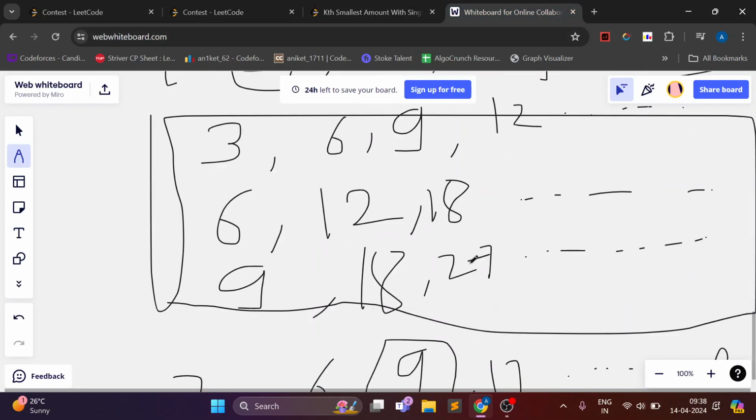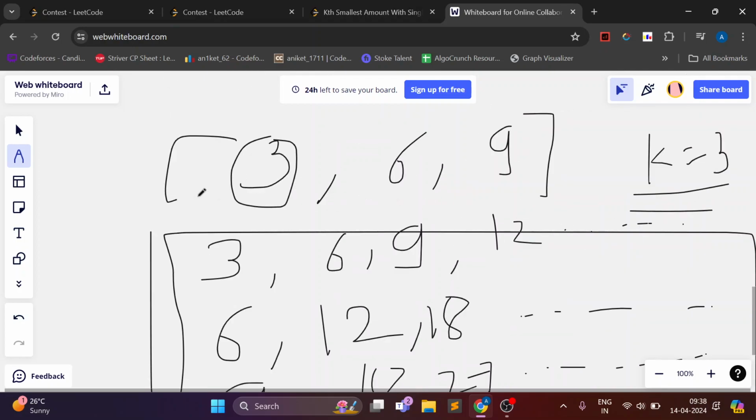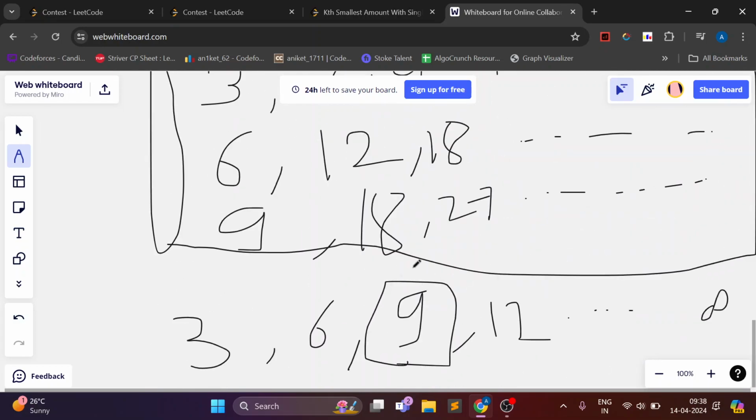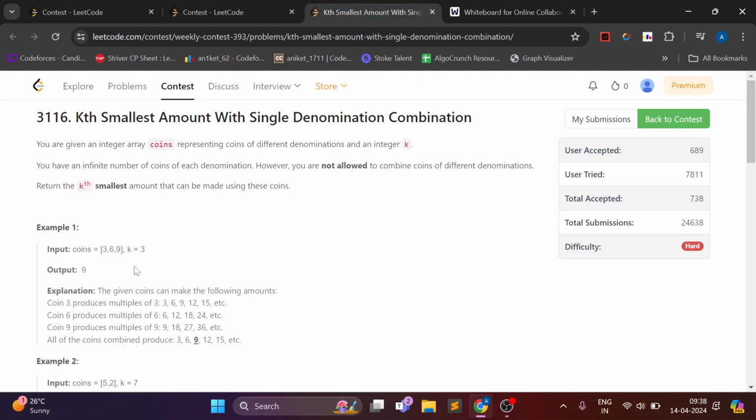So in simple terms, we have to find all the possible amounts we can form from this array and return the minimum kth element. So here it was 9.